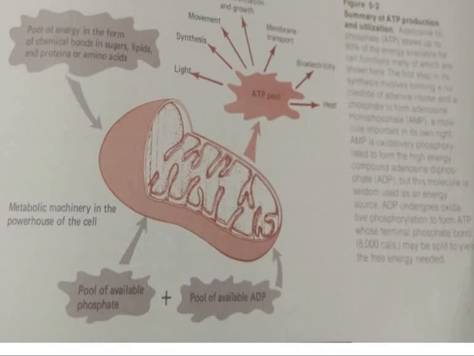Then you see when ATP is made, the ATP pool provides energy for synthetic processes, movement of the cell or organisms, growth and reproduction, maintenance, and biochemical pathways, and heat is released from the body.